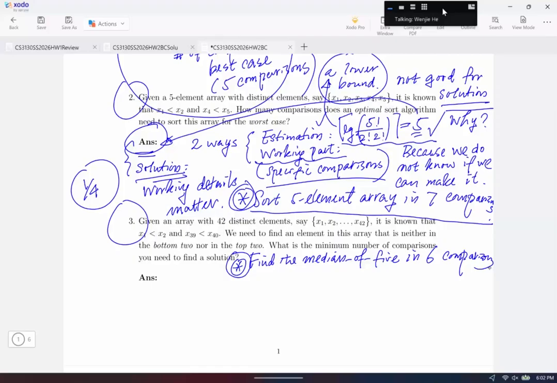In your knowledge part, these two examples are very important. After taking this class, you should be very familiar with the solutions of these two questions.